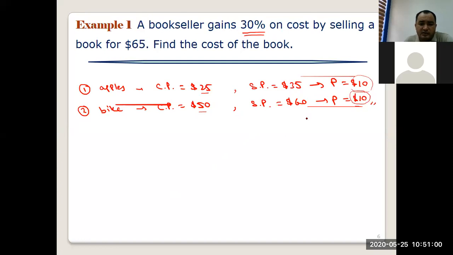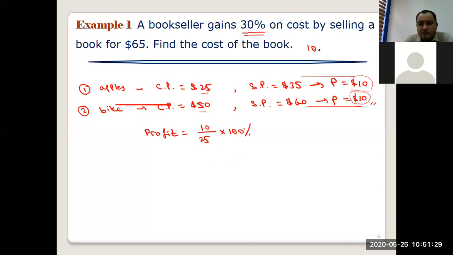That's why mathematicians introduced this concept. Now, if I express the profits as a percentage of the cost price, the first one is how much? It is $10. Out of how much? $25, right? And to express this as a percentage, we need to multiply this by 100%.